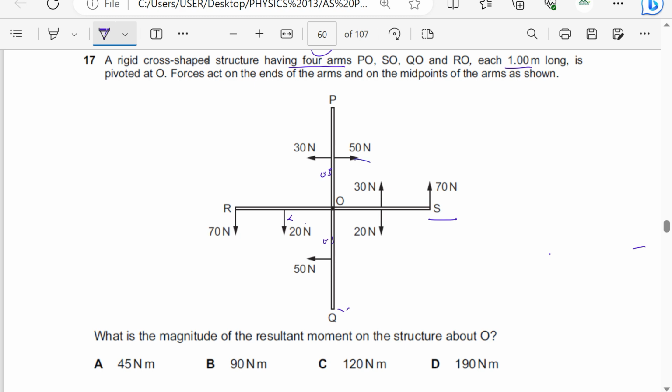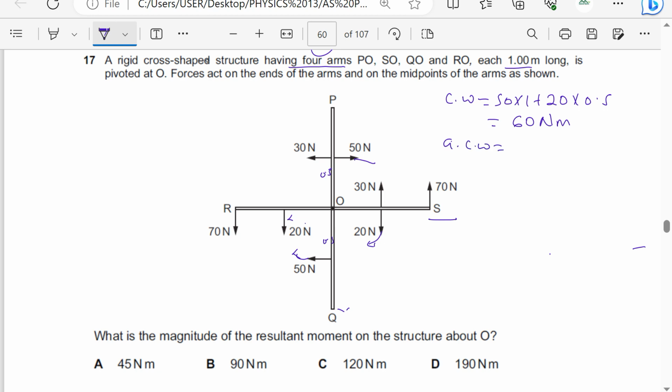So this is 50 clockwise, 50 clockwise, 20 clockwise. Clockwise moments are going to be 50 times 0.5 plus 50 times 0.5, which is 50 times 1, plus 20 times 0.5. That is 50 plus 10, which is 60 newton meters. That is clockwise.